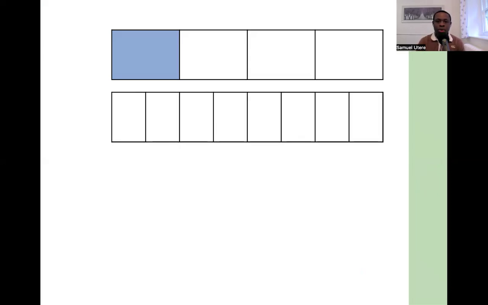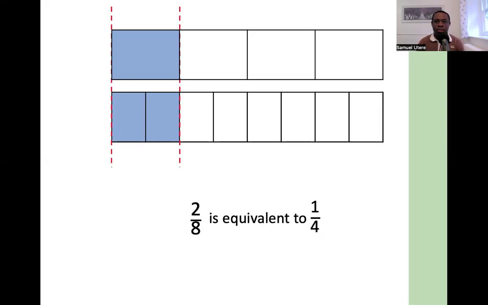But if we split the one underneath into 8 equal parts, what would you say is the fraction for this part? Well, you would say it is 2/8. But note that they are of equal width. So would we say that 2/8 is equivalent to 1/4? Of course, yes.